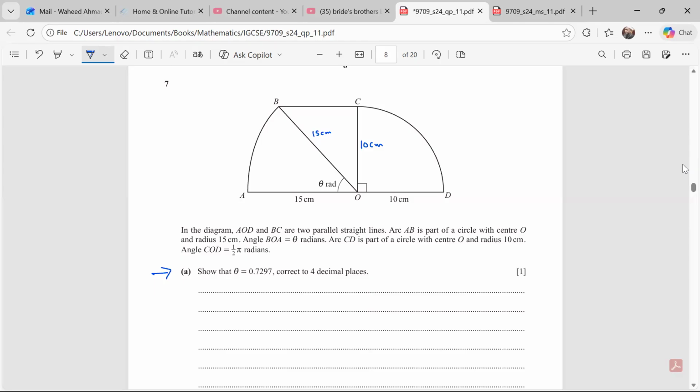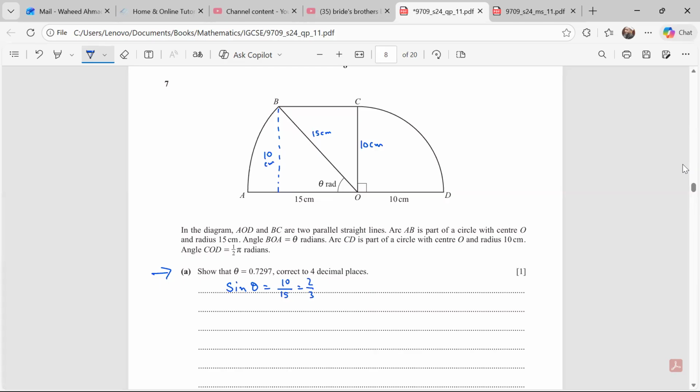Now you see, BC is parallel to AD, these two lines are parallel. It means if OA is 10 centimeters, then this is also 10 centimeters. So the sine of this angle theta is going to be 10 over 15, which is 2 by 3.